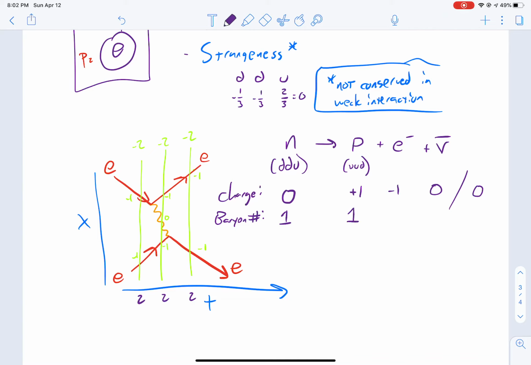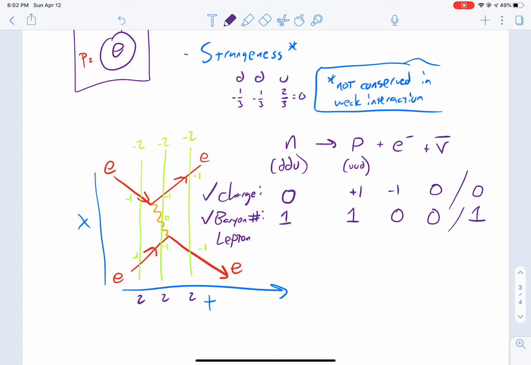Sounds good to me. That's mainly because neutrons and protons are baryons. The electron is a lepton. It's not a quark, and so there's no baryon number there. The antineutrino is, again, not a quark. And so, yep, total baryon number is 1. Baryon number checks out.